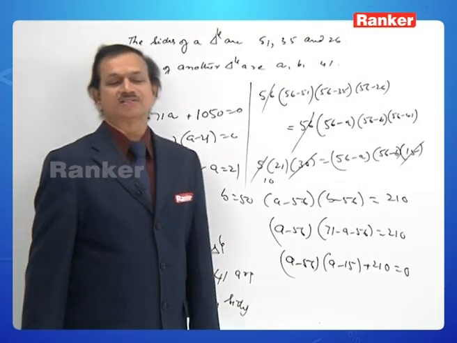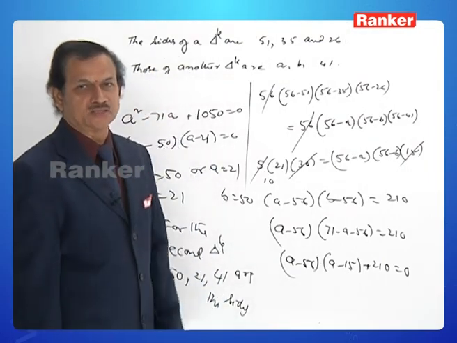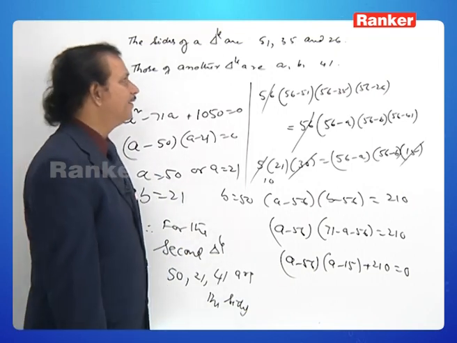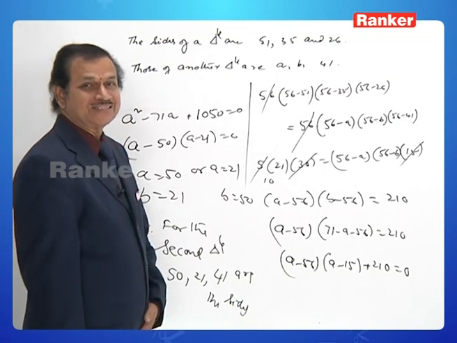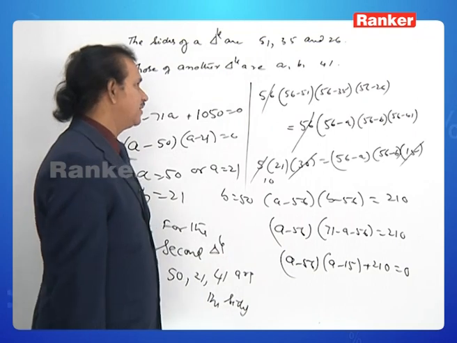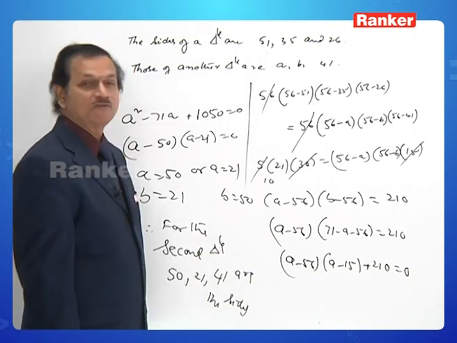So we are successful in obtaining the two sides of the second triangle also. We now have the sides of both triangles: 51, 35 and 26, and 50, 21 and 41.